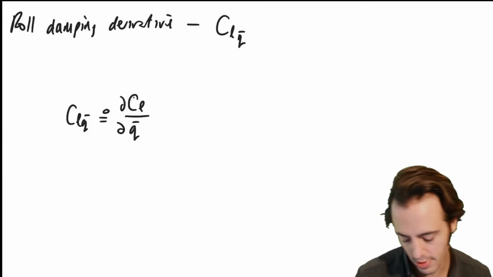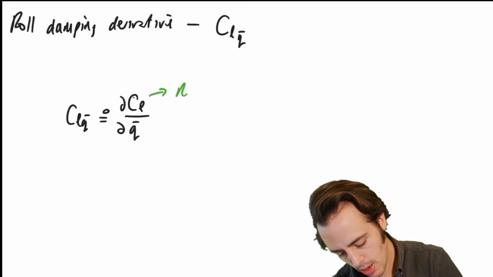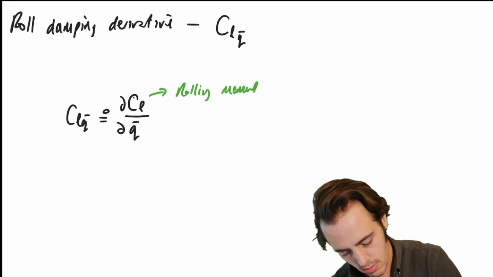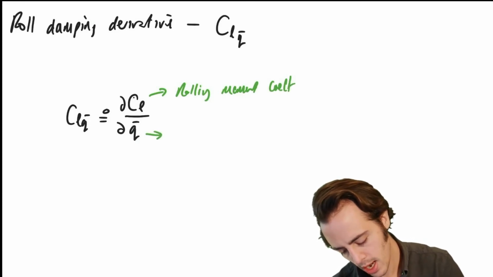Put the partial derivatives right there. So we've got rolling moment coefficients, and we've got non-dimensional.